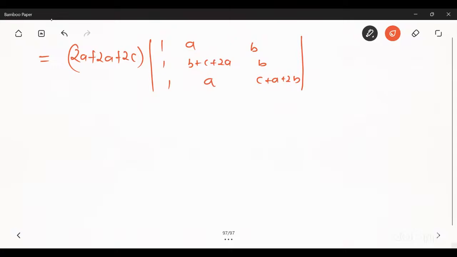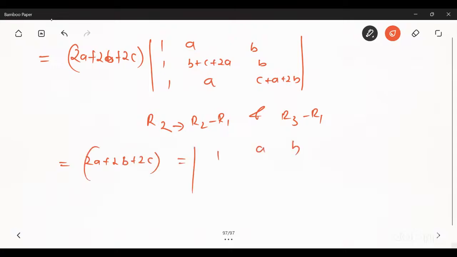So now R2 tends to R2 minus R1 and R3 tends to R3 minus R1. So on solving, you will get 2a plus 2b plus 2c.